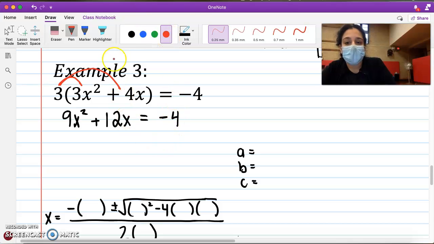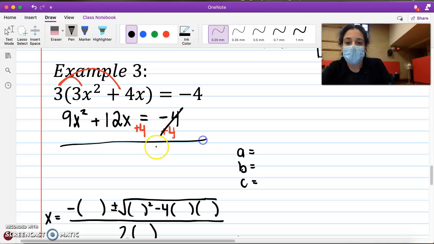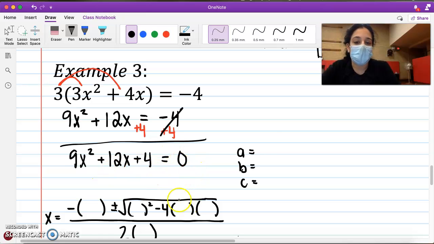And then we have to bring that -4 over. We have to add 4 to both sides. This goes away, and we get 9x squared plus 12x plus 4 is equal to 0. This is in standard form now. What is A? A is 9, B is 12, C is 4.